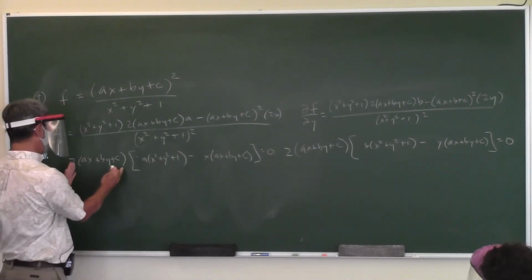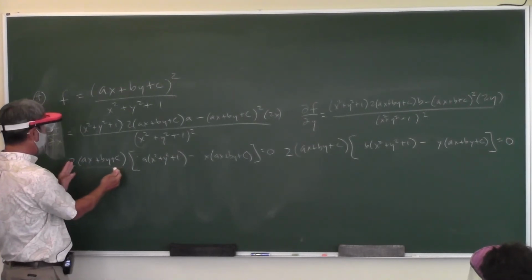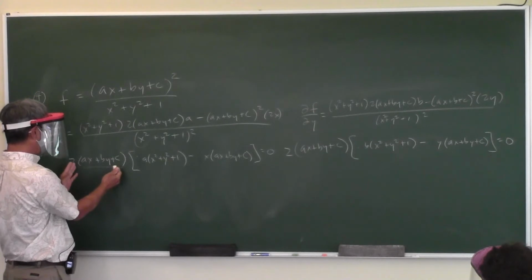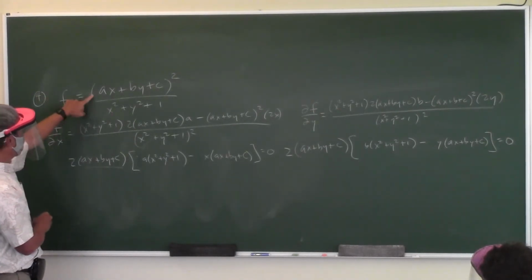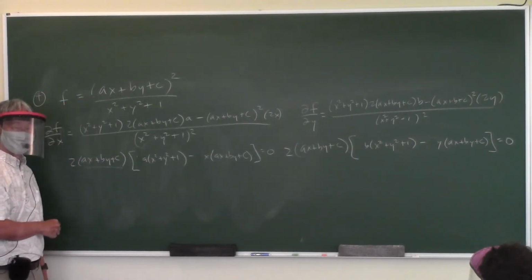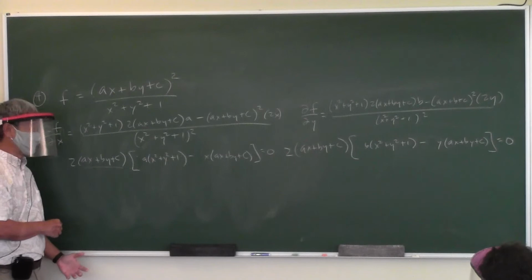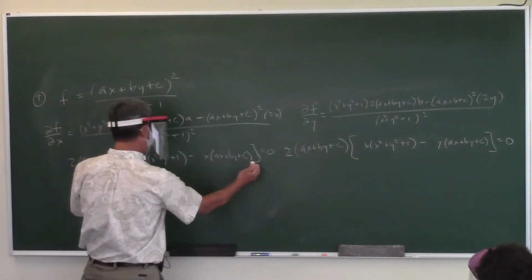So can we assume that this is not equal to 0? I think we can, because if this were 0, then the whole thing would be 0, and that wouldn't be a maximum value, right? Right, because we're looking for a maximum value here. So that means just the thing in the brackets has to equal 0.